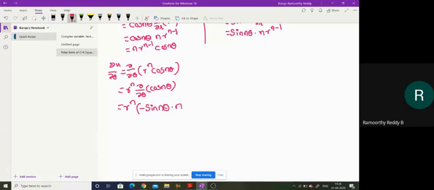So it is minus n r^n sin nθ. Right? It is clear.